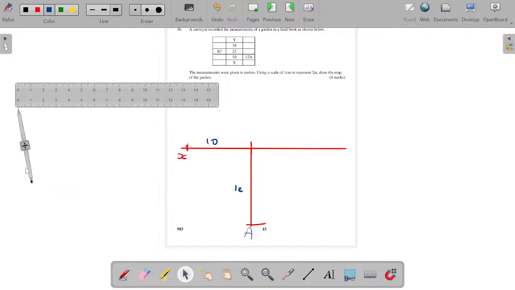This is how you measure 7.5. Like that. Then you reduce your ink pen. 7.5. You transfer. Come here.